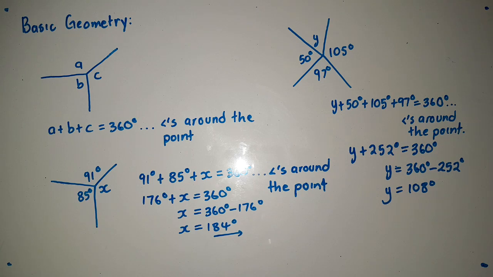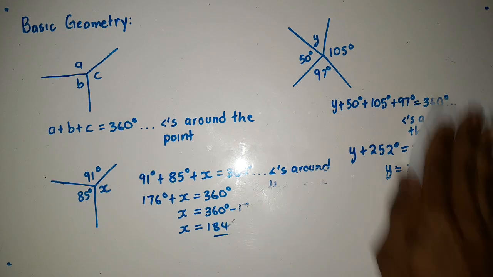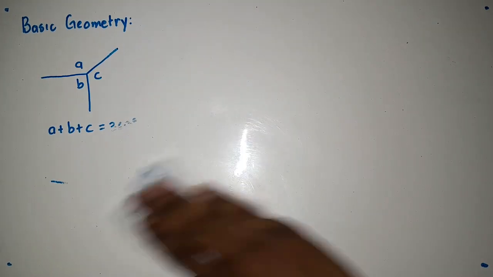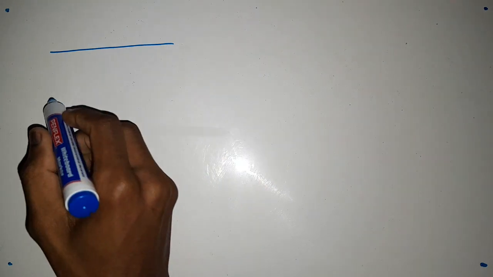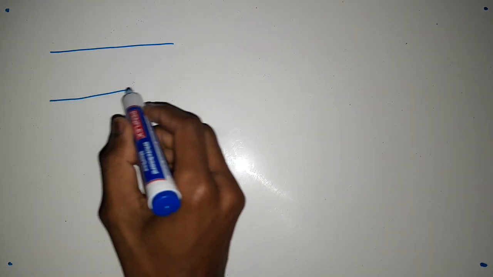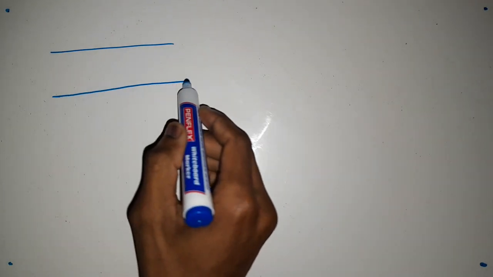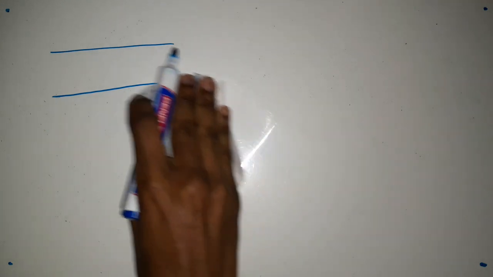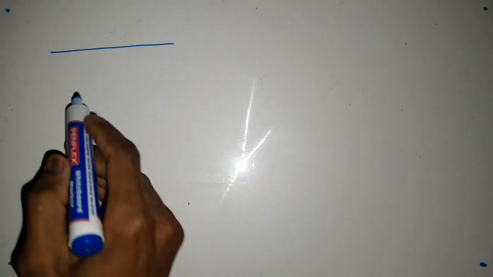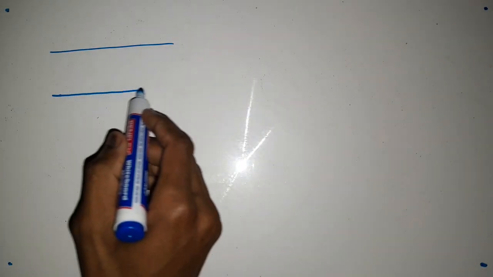Now I'm going to erase so that I can continue with the parallel lines. Now let us do the parallel lines. Okay, I don't know why I keep on making mistakes there.